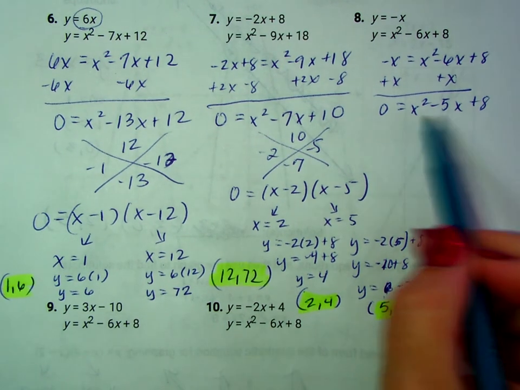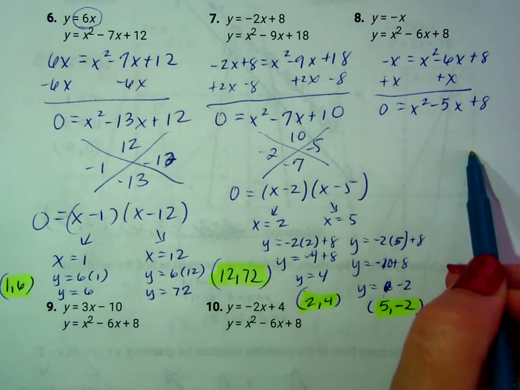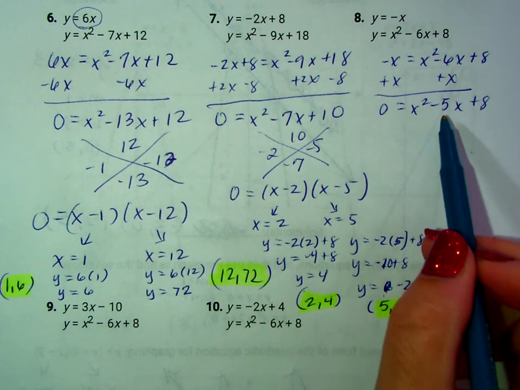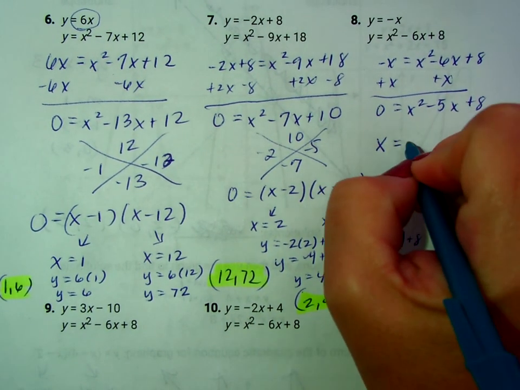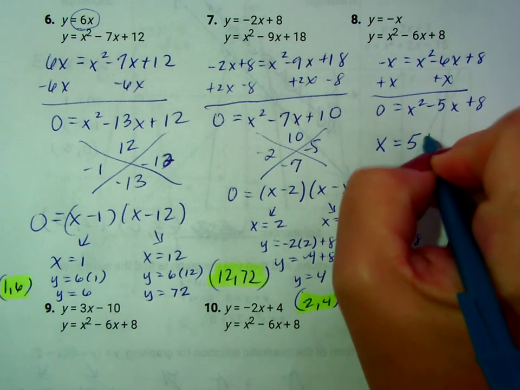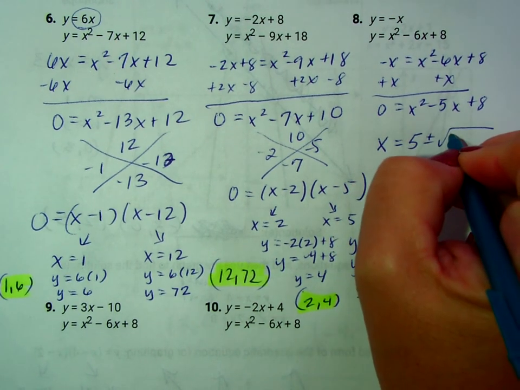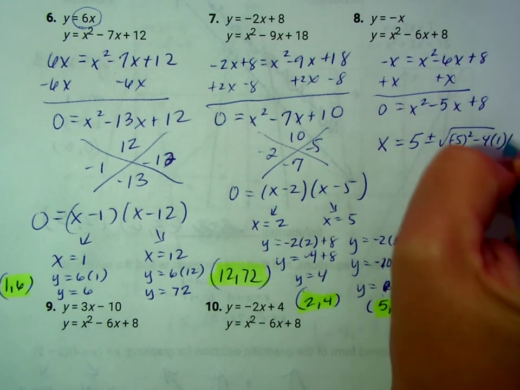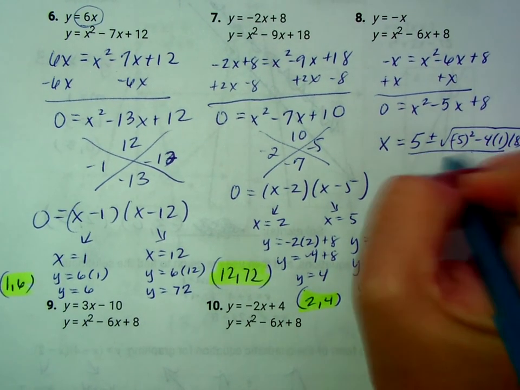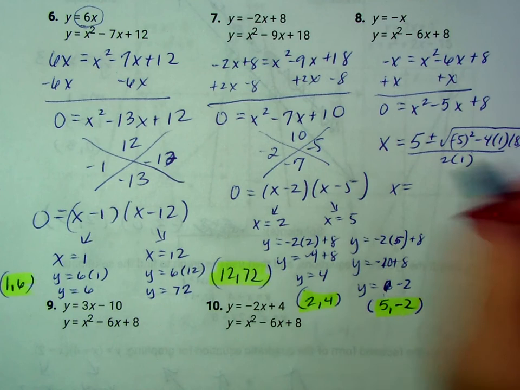Okay, this one, because you'll notice it is not factorable, needs to get plugged into the quadratic equation. So get your A, B, and C. Opposite of B, plus or minus the square root of b squared minus 4ac, all over 2 times a.